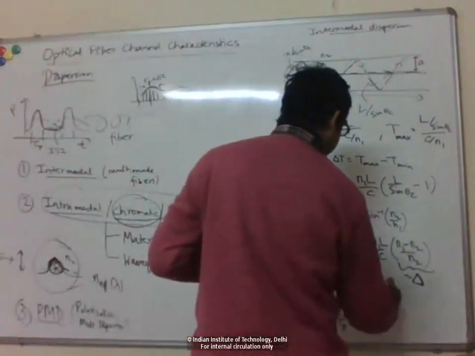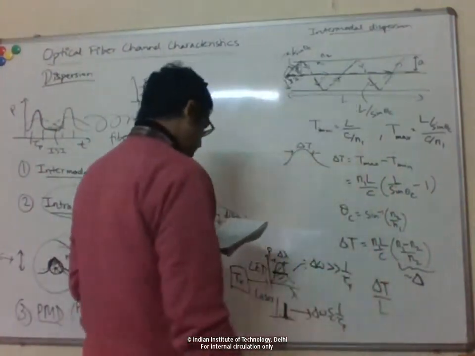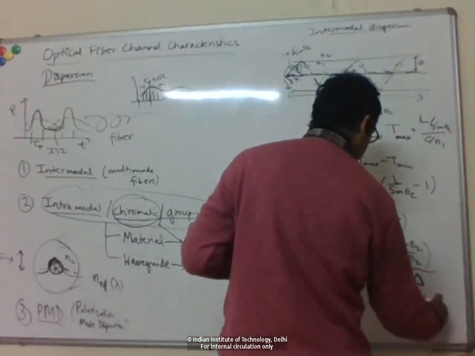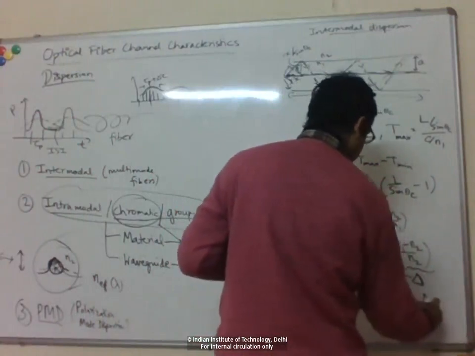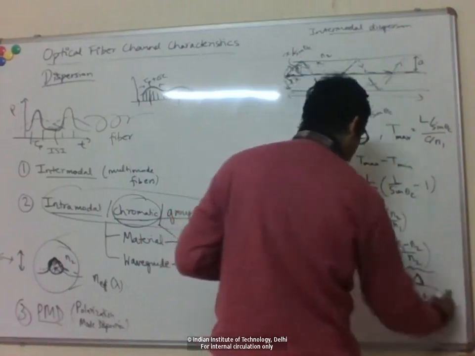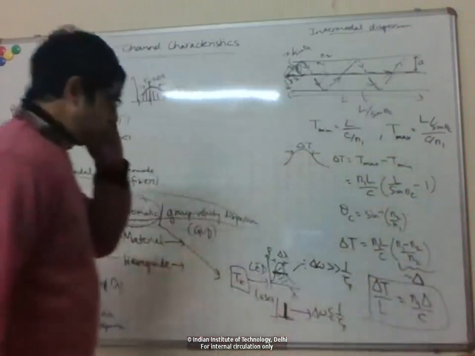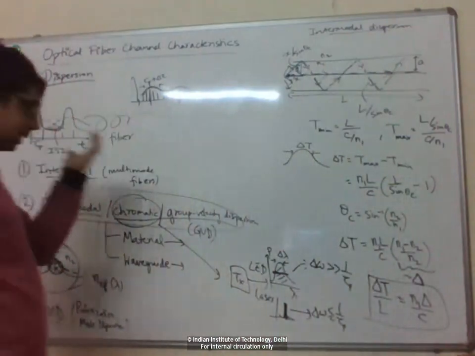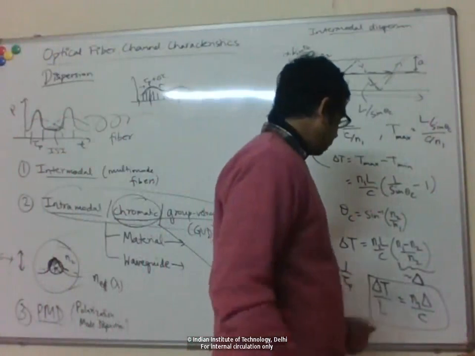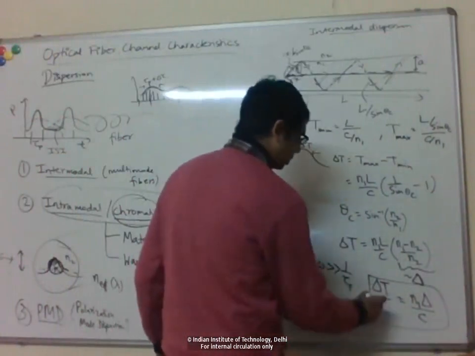So you can see that the dispersion, which is defined as the broadening per unit length, delta T over L, goes as the core refractive index times delta, this normalized index difference, divided by the speed of light. What are the units of dispersion?